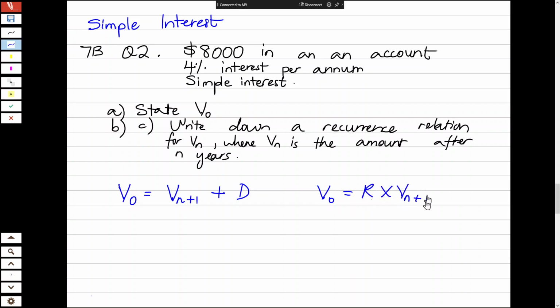We're only going to use one of these, and your choice will demonstrate whether you understand simple interest or not. Cooper has just said we're going to model simple interest by adding the same amount each time. So which one?